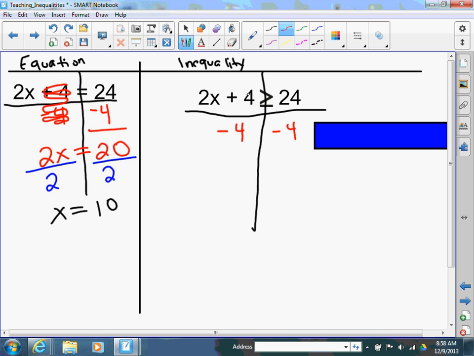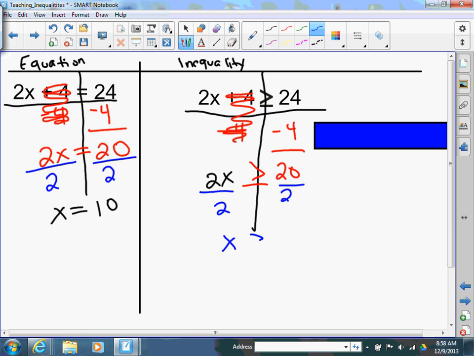Subtract 4. These 4s. Okay, 24, take away 4 gives us 20. This time, instead of the equal sign, we bring down the inequality symbol, and we get 2x. Okay, now what do I do? Divide both sides by 2, and we get x is greater than or equal to 10.